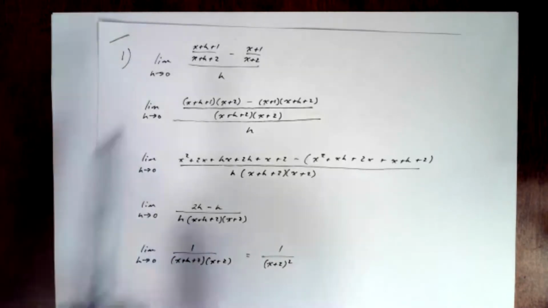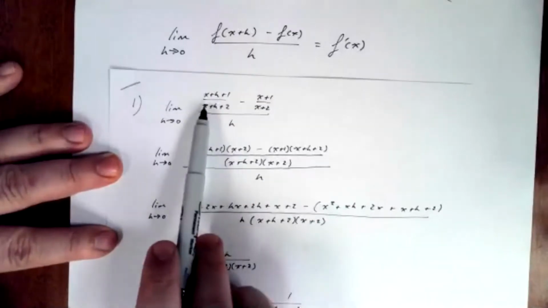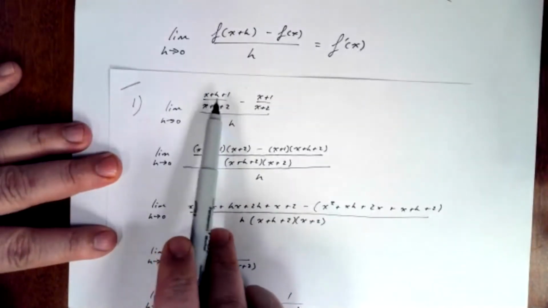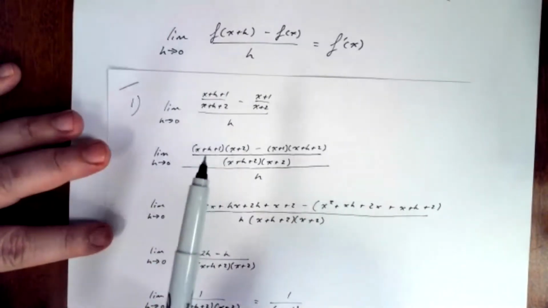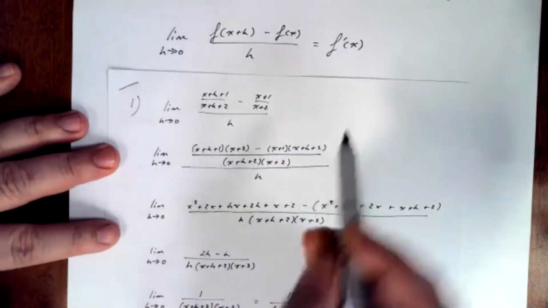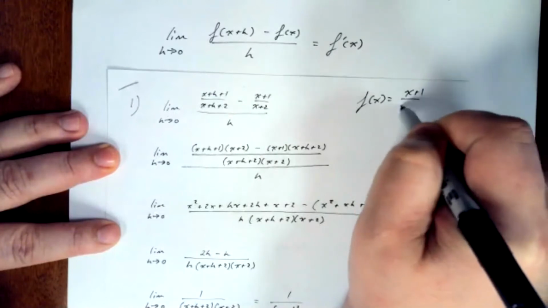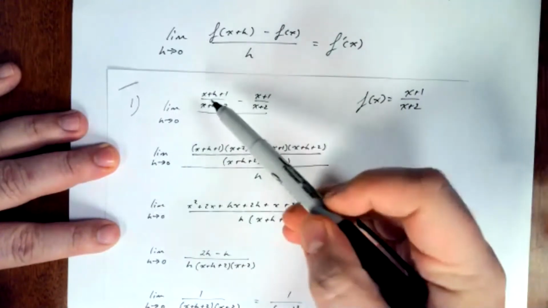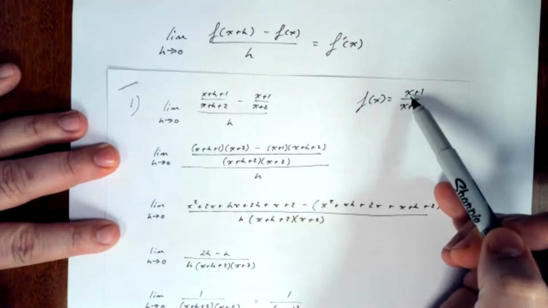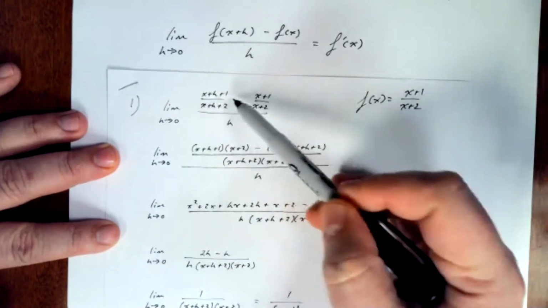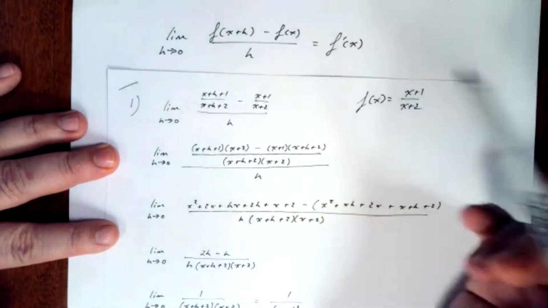So f of x plus h means you replace x with x plus h. So if the function was x plus 1 all over x plus 2, plugging x plus h in every time you see x gives you this, and then the function itself.